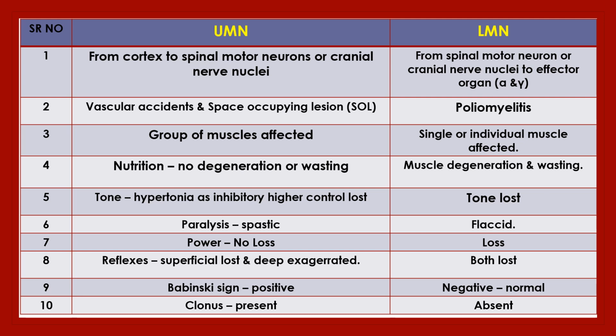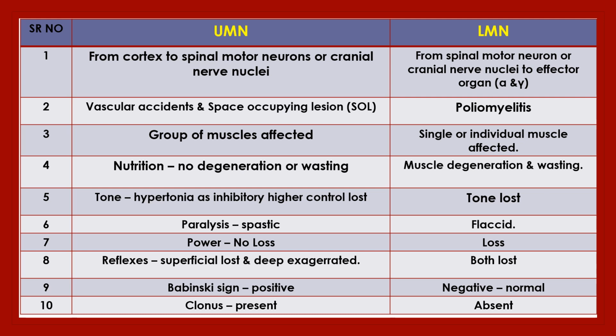Upper motor neuron lesions occur commonly in vascular accidents or space occupying lesions, and they affect groups of muscles. There will not be any degeneration or wasting. There will be hypertonia as the inhibitory high control is lost.